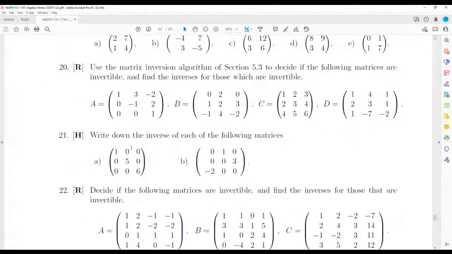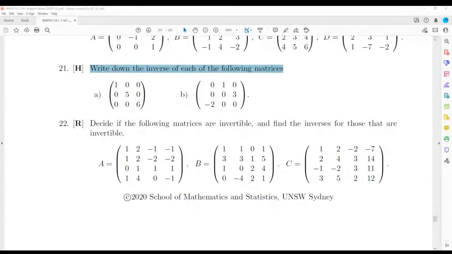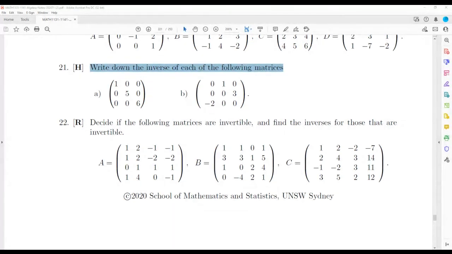All right. So write down the inverse of each of the following matrices. You've got these matrices and you want to find another matrix such that when you multiply them together, you get the identity. Let's just remind ourselves of what an inverse matrix is.